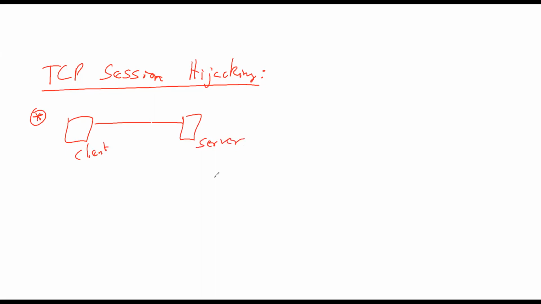So the connection, the telnet session, needs to be established first. And that's done through the three-way handshake protocol, which we've already discussed when we talked about denial of service. So the connection will be established, and this is called a TCP session.